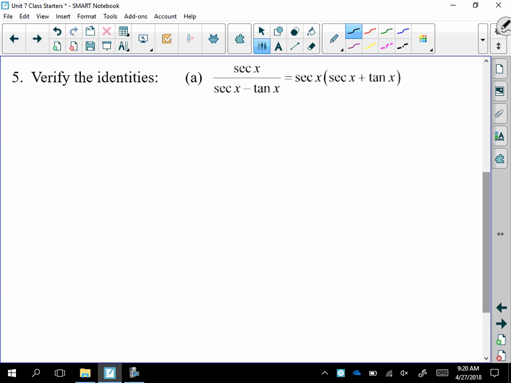I don't see anything squared, so my Pythagorean identities are out for right now. Any thoughts? Okay, let's see what that does. If we multiplied or distributed in secant, we would get secant squared x plus secant tangent.